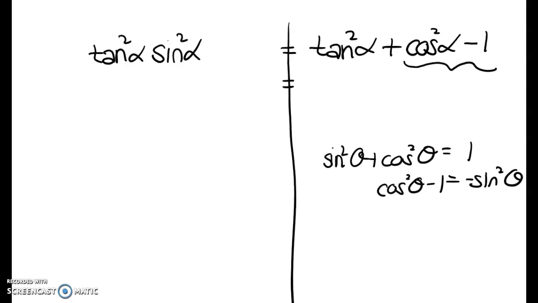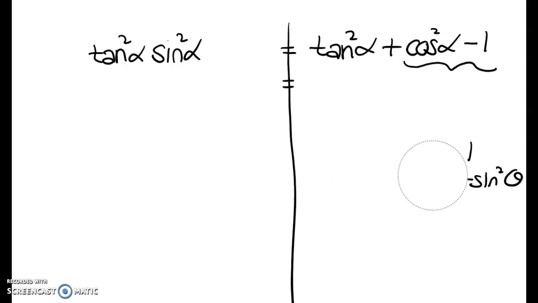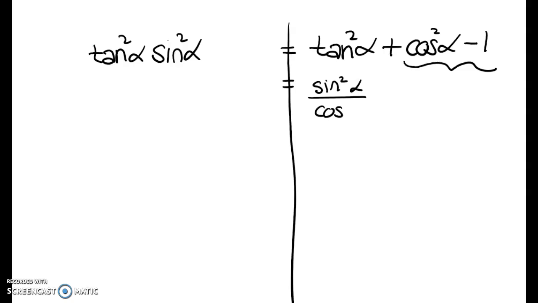I just don't know what that would give me. So let's go ahead and just change everything to sine and cosine and see what happens. Hopefully that'll work out. If it doesn't work out, I'll just put this in the next video doing it a different way. So this is sine squared alpha over cosine squared alpha plus cosine squared alpha minus 1.